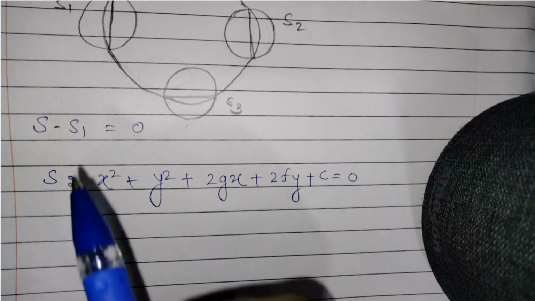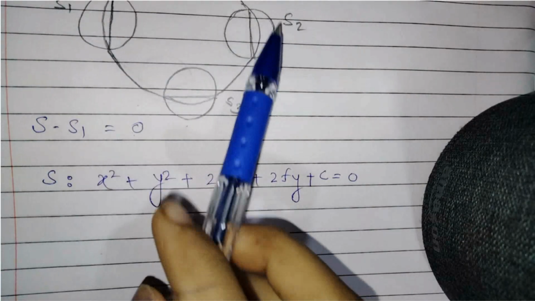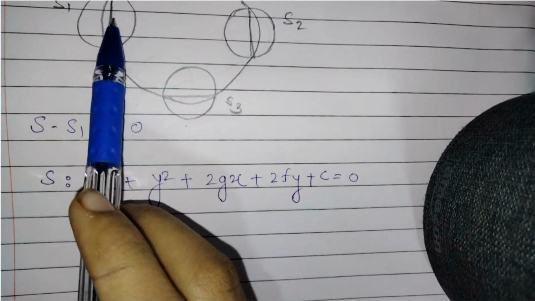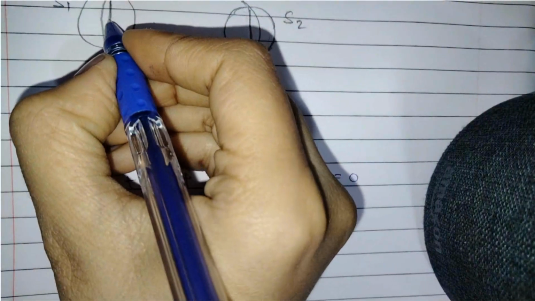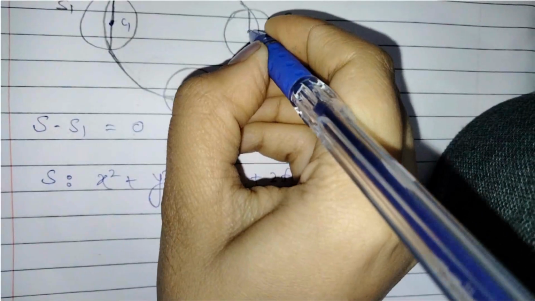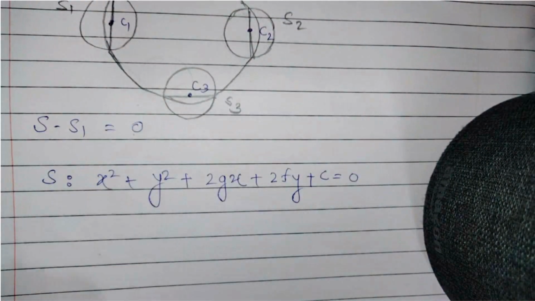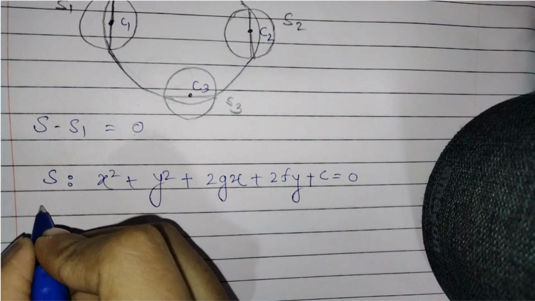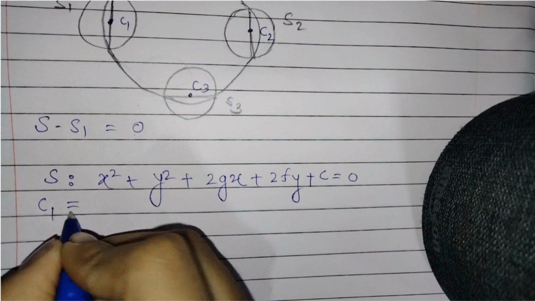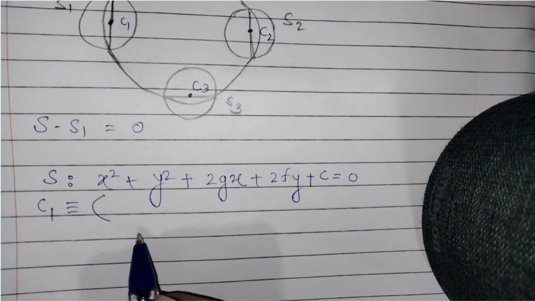Also we will have to find out the centers of the three circles because they will lie on the diameter of each of the three, right? So this will be C1, this will be C2 and this is C3. We know the formula to find the center, which is minus g comma minus f.